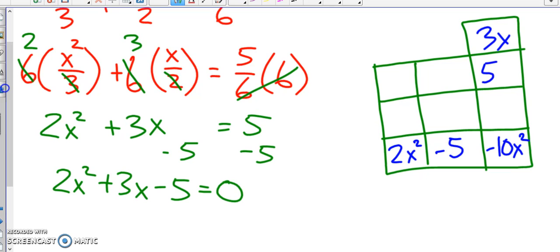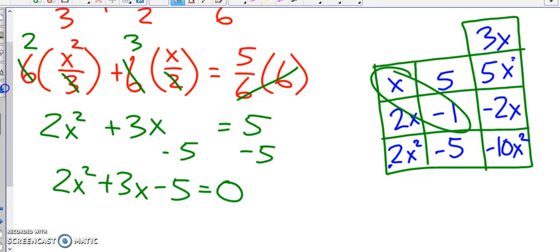That would be 5x and negative 2x. Greatest common factor between that guy and that guy would be x. X times 2x is 2x squared. That's a 5, and that's a negative 1. So you do this little butterfly thing, get your two factors.